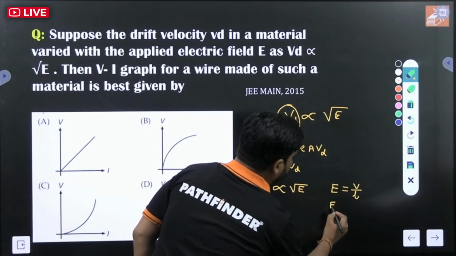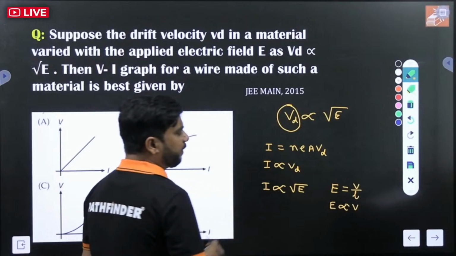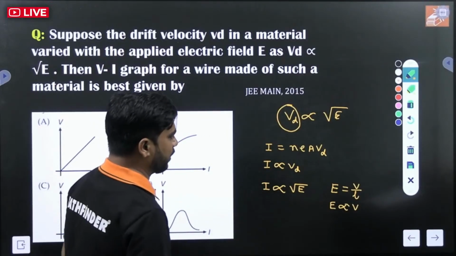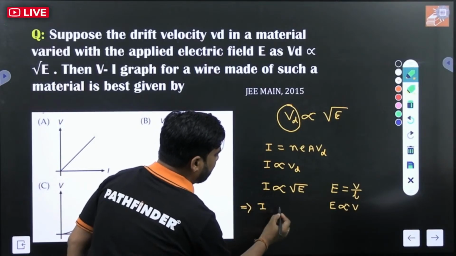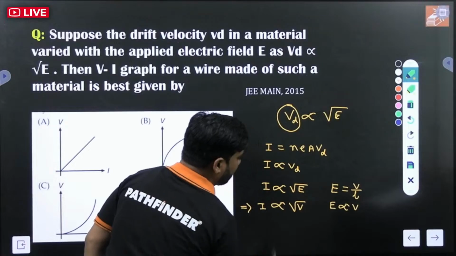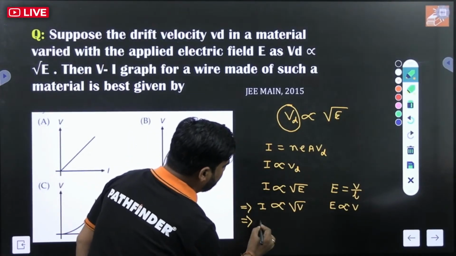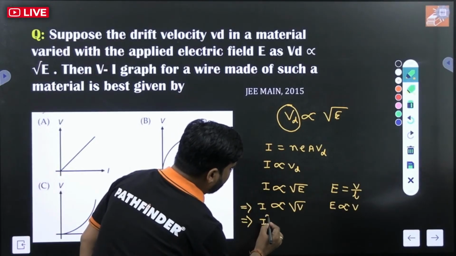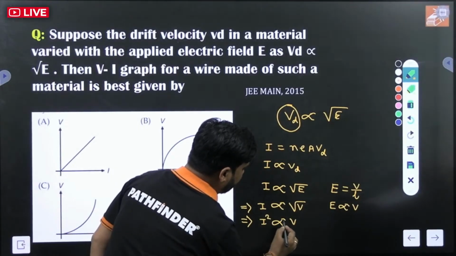If L, the length of the conductor, is constant, we will get E is proportional to V. Electric field क्या होगा? Voltage के proportional, potential difference के proportional. So can we write from here? यहां से क्या लिख सकते हैं? I is proportional to root under V. बिल्कुल. तो क्या यहां से थोड़ा सा रिलेशन को मॉडिफाई कर लें? So I square is proportional to V we are getting.